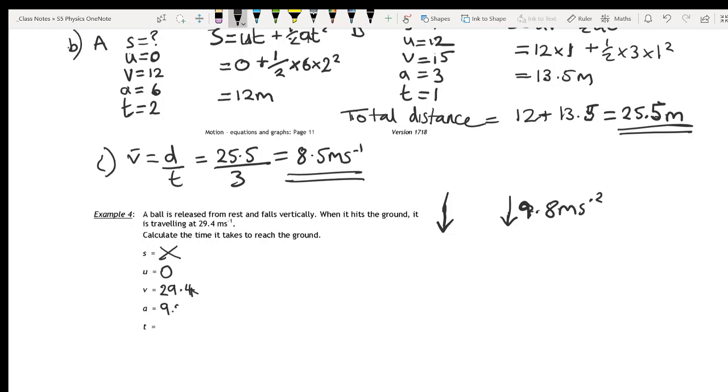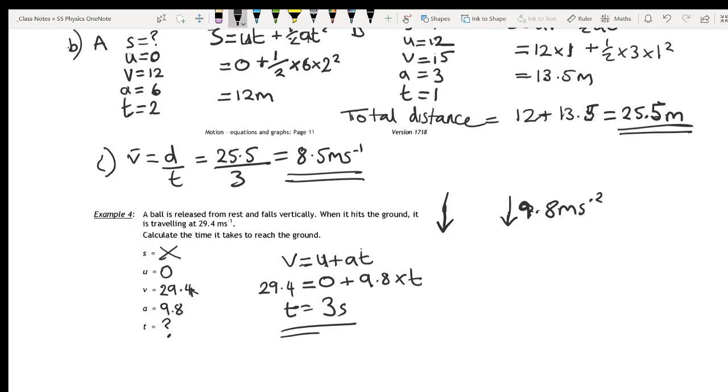Acceleration 9.8, and the time is what we want to find out. So we just use v equals u plus at, the one without s in it. So 29.4 is 0 plus 9.8 times the time. So time should come to 3 seconds.